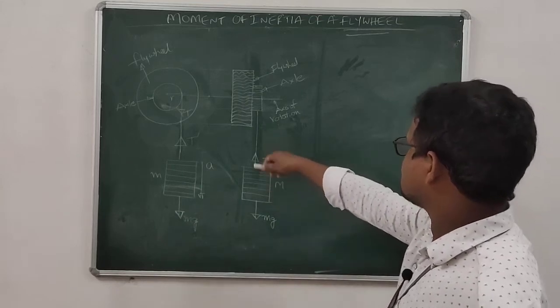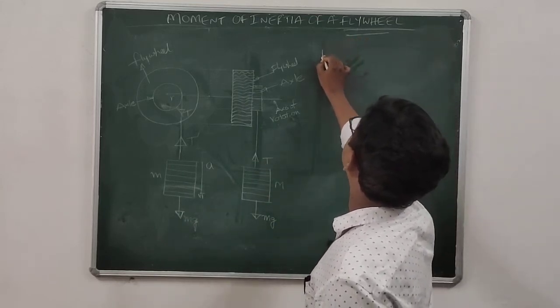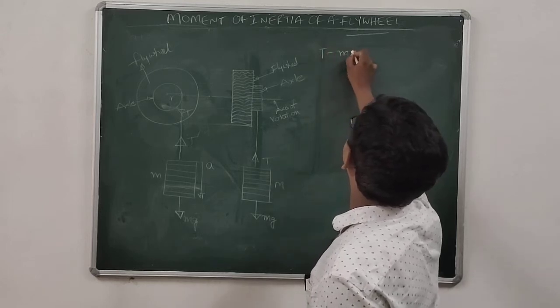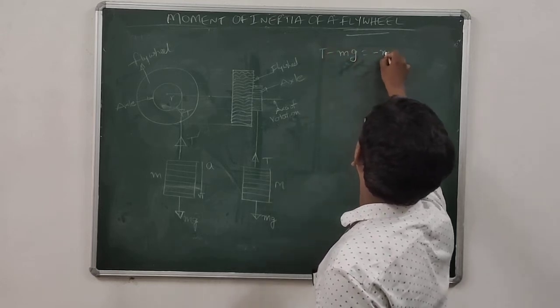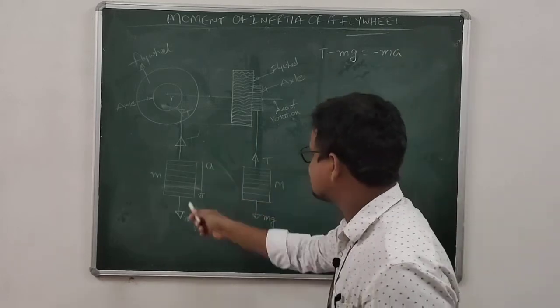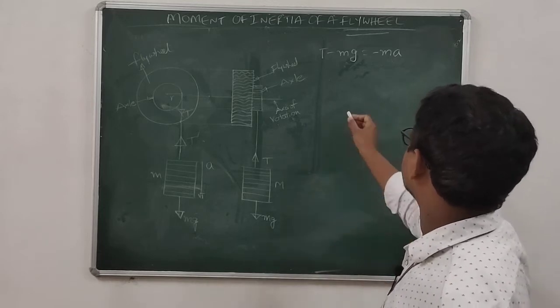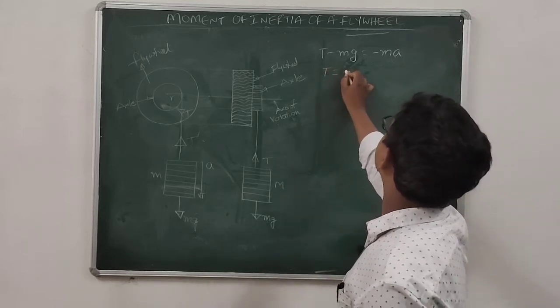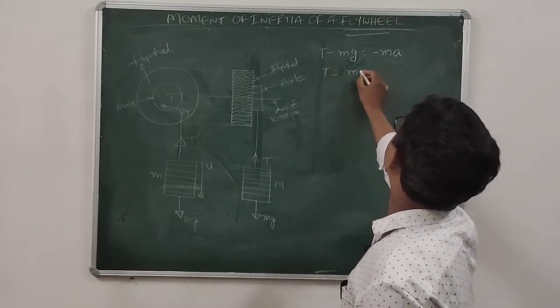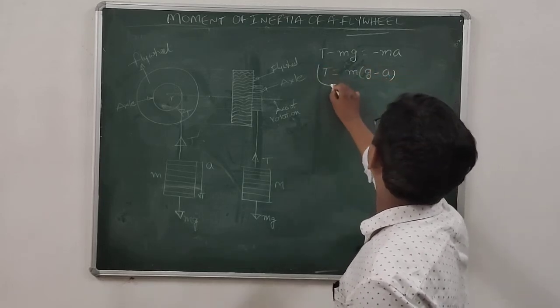As per the diagram, you can write the expression T minus mg equal to minus ma. From this, T equal to m of g minus a.